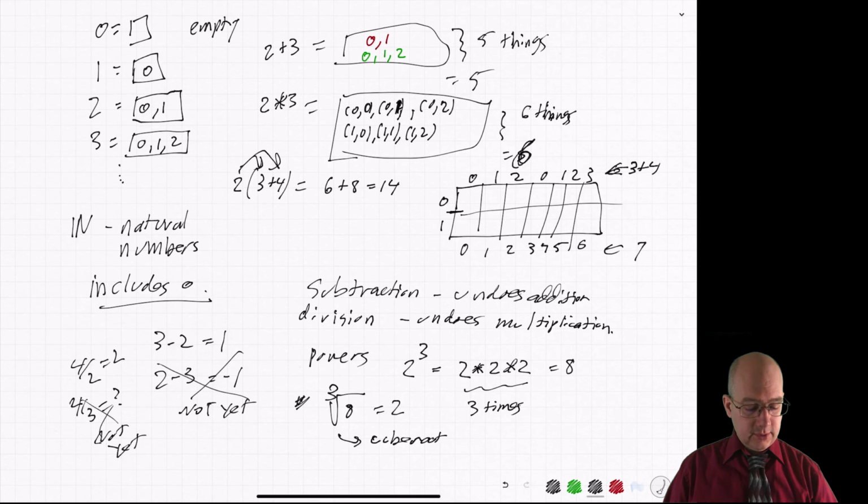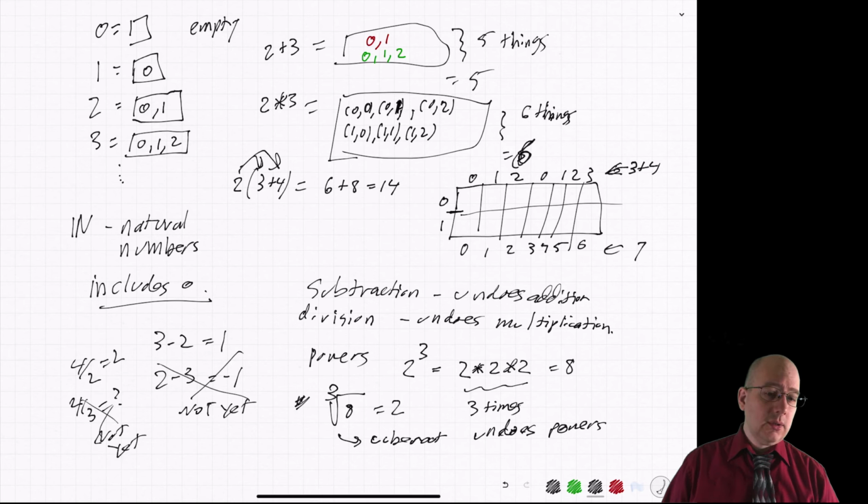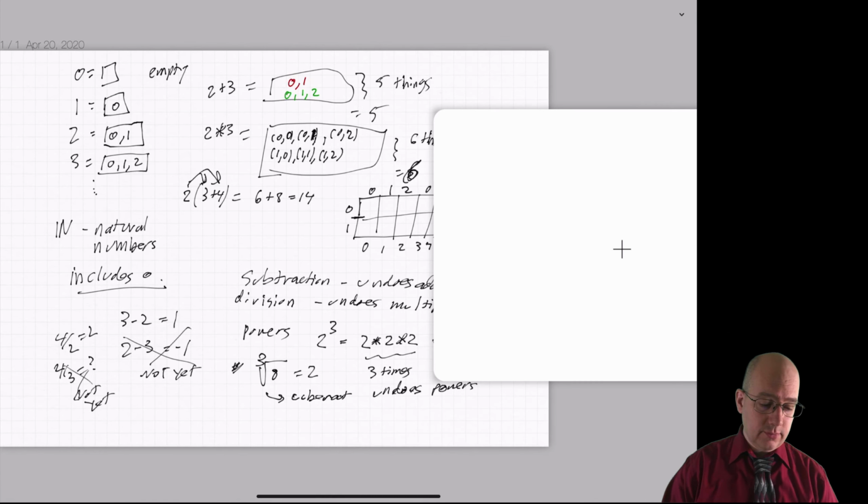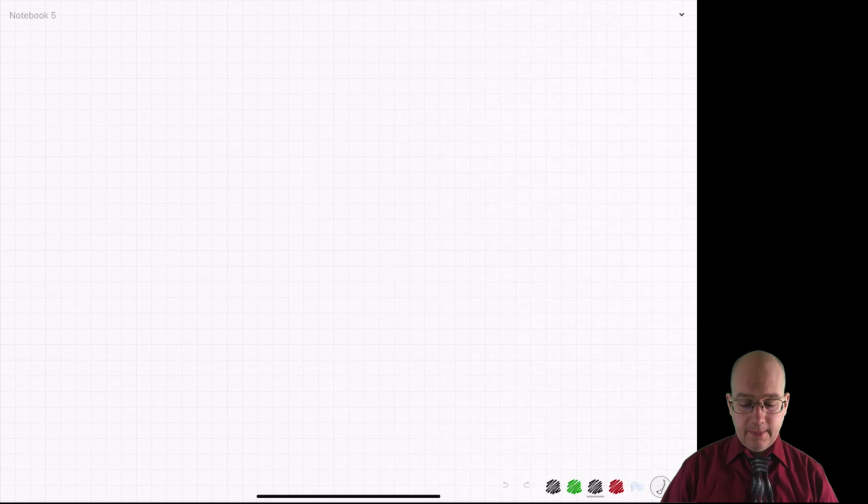That just undoes powers. And again, most of the time that's not going to work out terribly well with natural numbers. The cube root of 10 is not a natural number. It's not even a fraction. So there you go. All right. So that was the natural numbers.